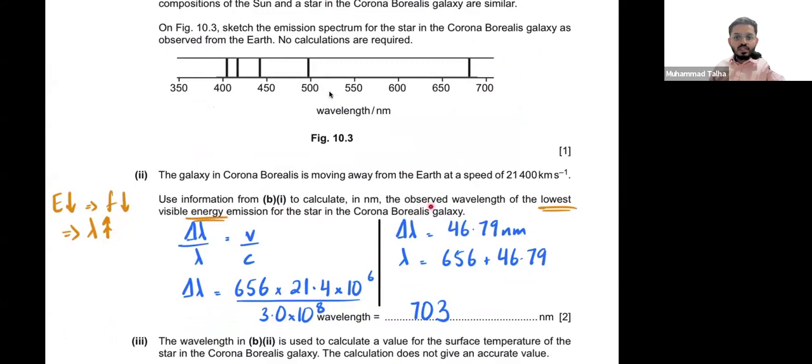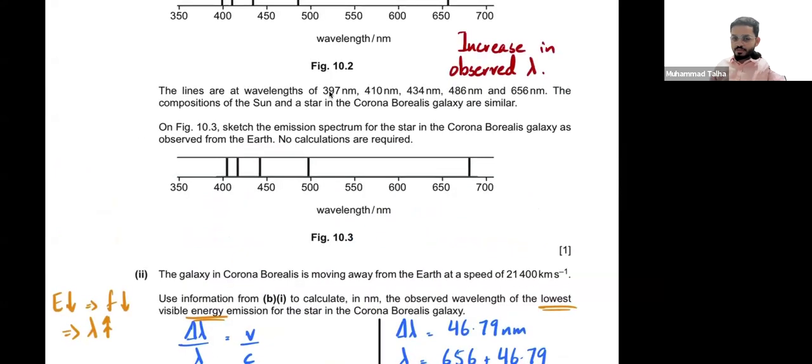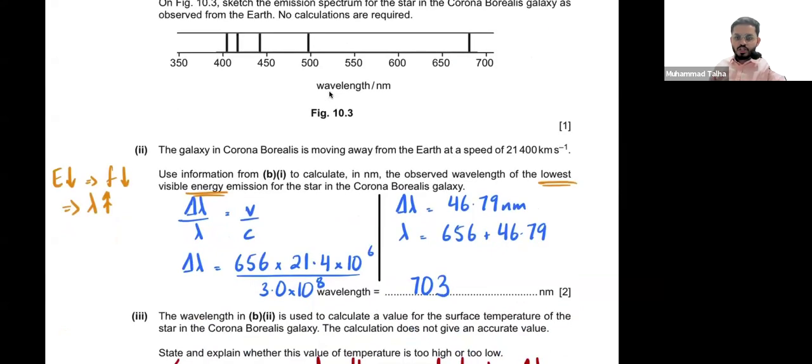Because you need the observed wavelength, you use this formula because you are given the speed. So delta lambda over lambda equals v over c. For lambda, again, I use the max lambda, which was 656 nanometers here. And I just plug this into the equation.